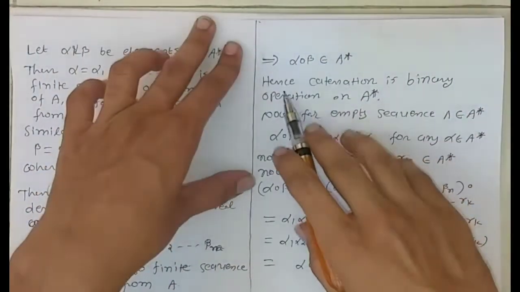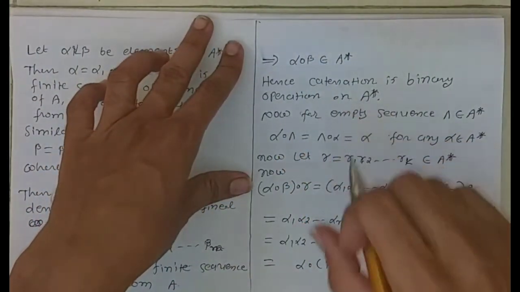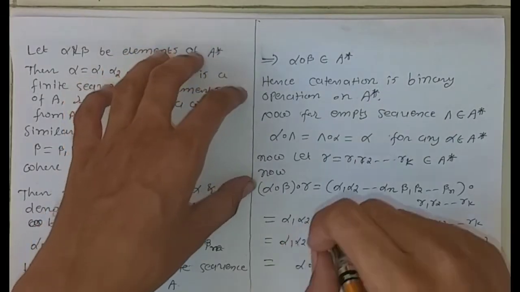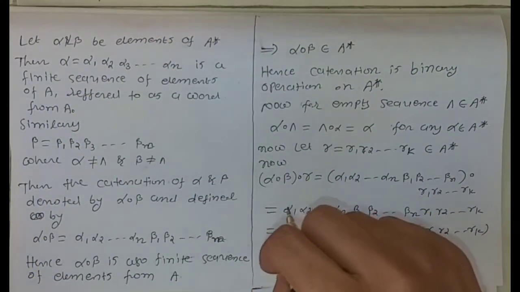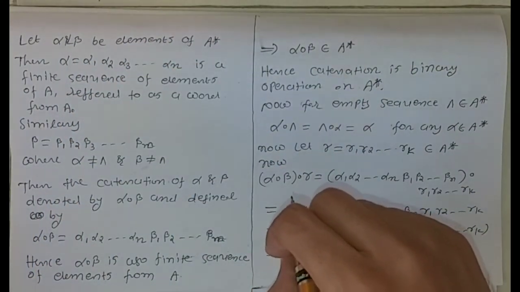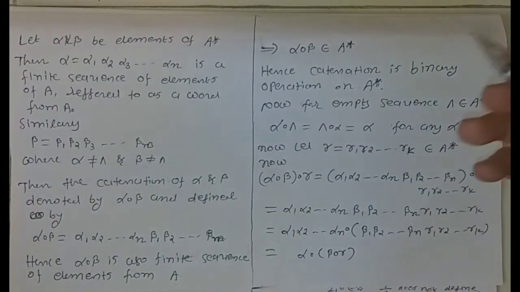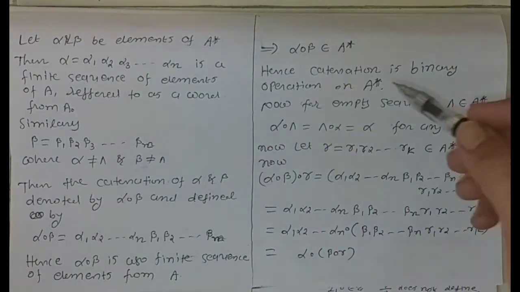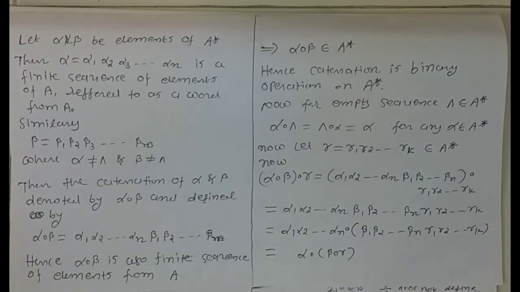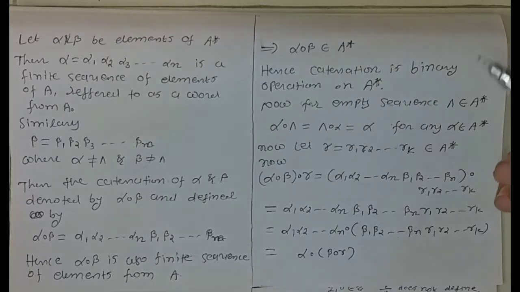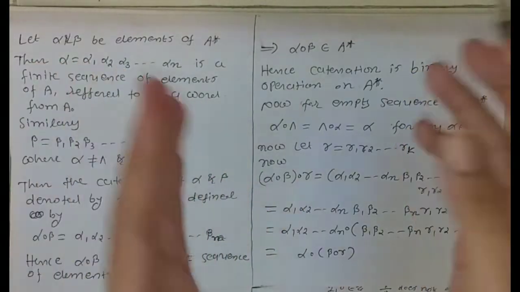Okay, so hence catenation is a binary operation on A star, that is, catenation is a map from A star cross A star to A star. Now our aim is to construct the free semigroup generated by set A. So we have defined a binary operation on the set A star.